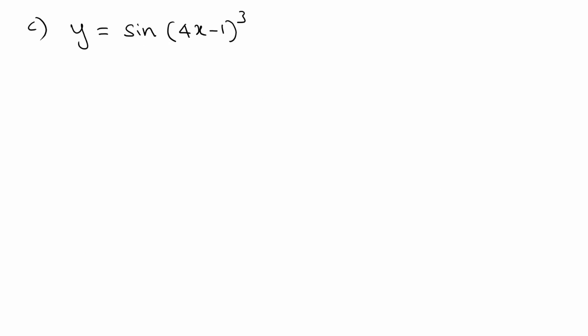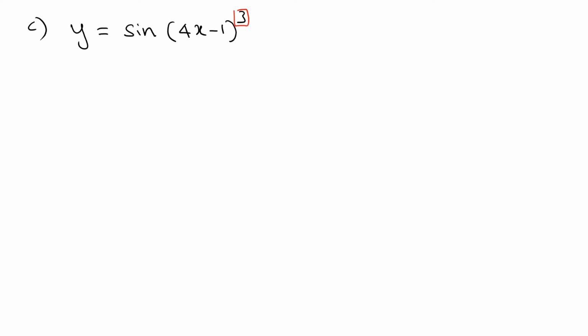So we have y equals sine of the quantity 4x minus 1, cubed. Here you can see that you cube the inner function, not the sine function, so you have to be very careful with the difference between the two. We do not need any extra parentheses. Let's write the chain first.